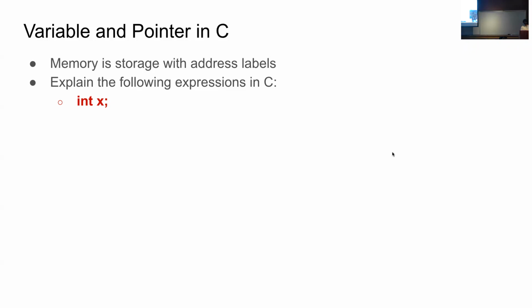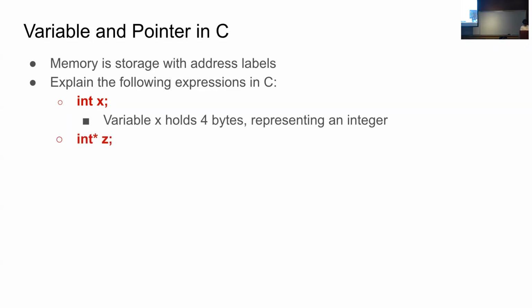Yeah, exactly. Basically, we're allocating some space for an integer, and the name of our variable is x. Variable x, for the purposes of our class, holds 4 bytes, and it represents an integer. Each integer is 4 bytes.